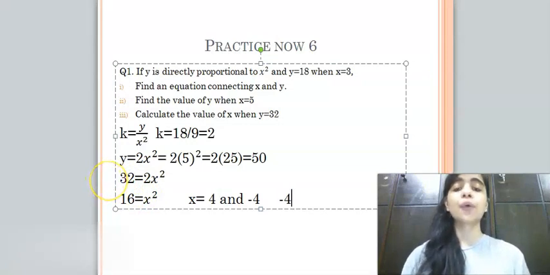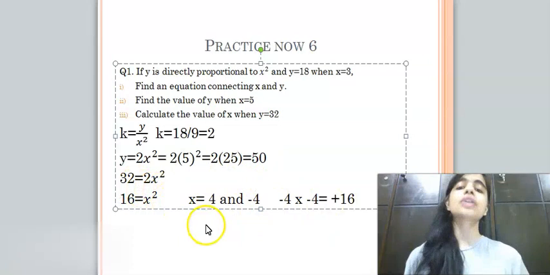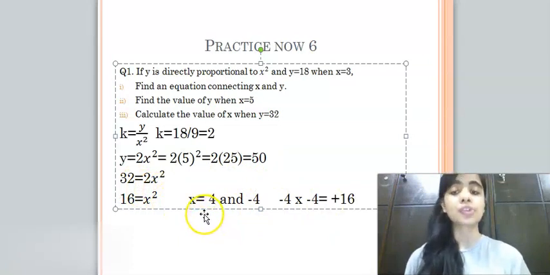So negative 4 multiplied by negative 4, which is also 16, because negative will make a positive and 4 multiplied by 4 will make 16. So in both the cases, we are getting the same answer, 16. So that is why we will take two values of x, 4 and negative 4.